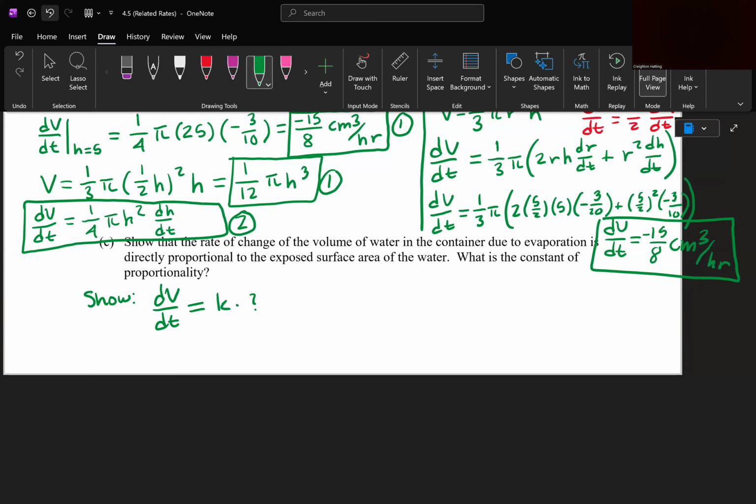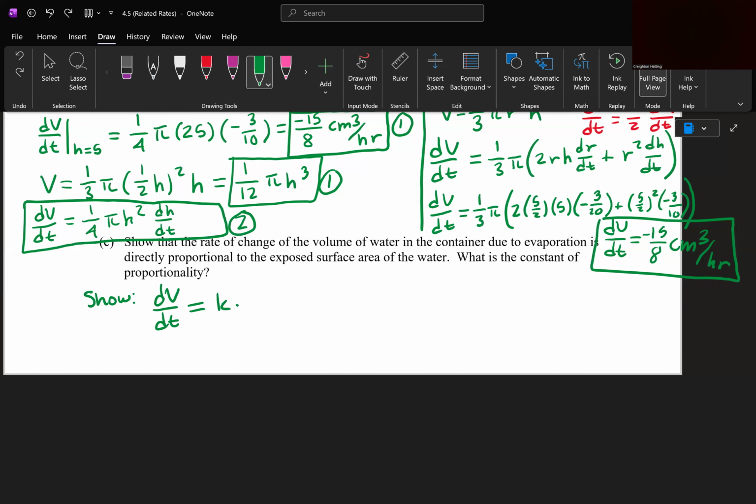That is what we call directly proportional. So we want to find some k. You could use any other variable besides k, but usually in math we use k to show that constant of proportionality. But you are welcome to use any other variable. We ultimately want to show that dV/dt is directly proportional to the exposed surface area of the water.